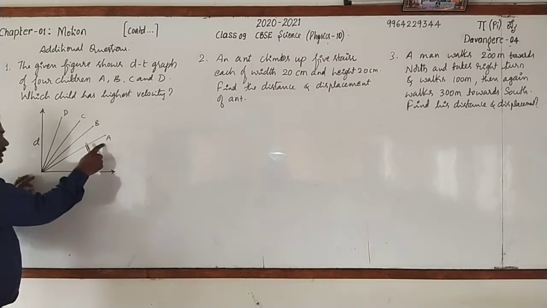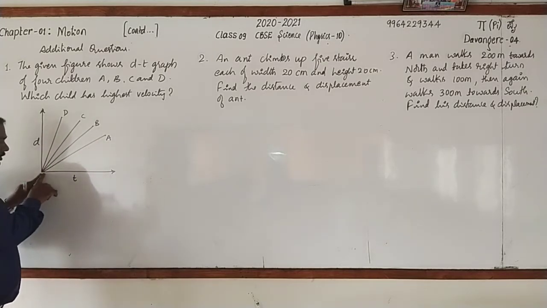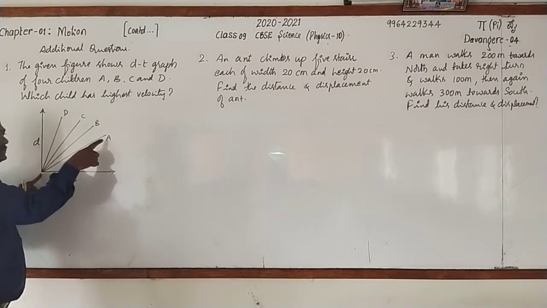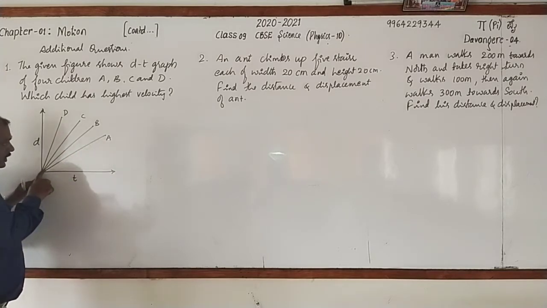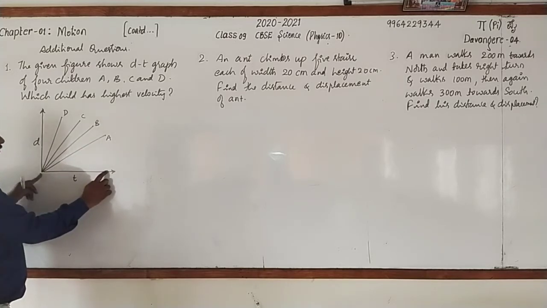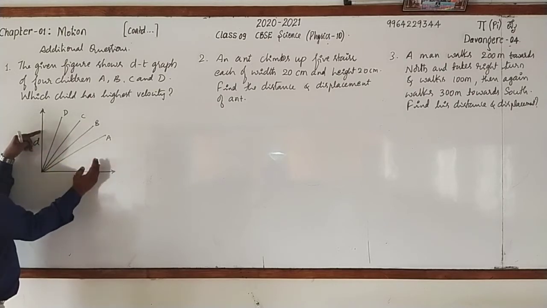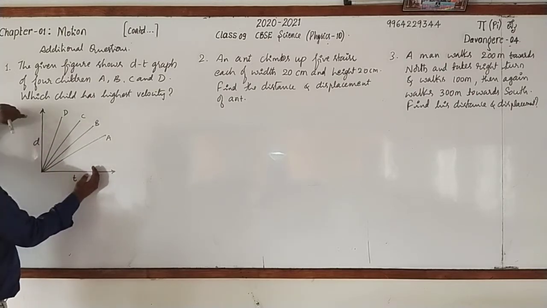Look here, that is one thing. Another thing, generally you can decide. Observe, this is the graph of child A. He has covered some distance and he has taken more time. Now B has covered more distance with less time.